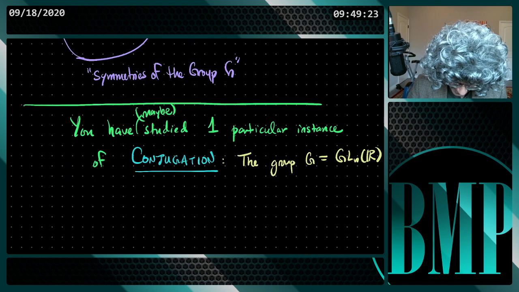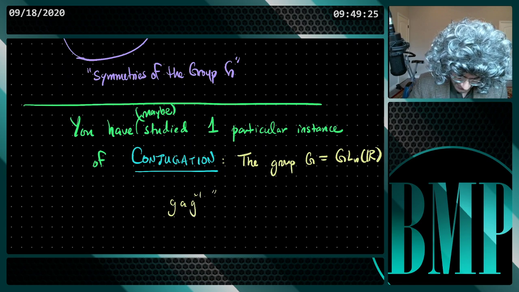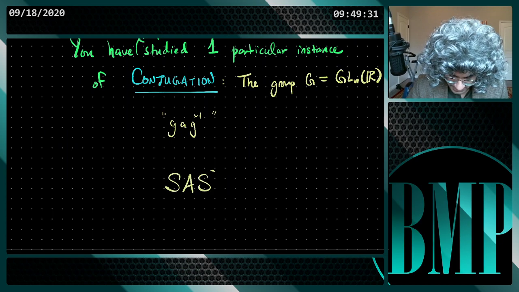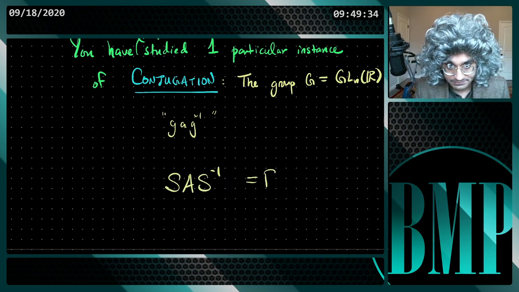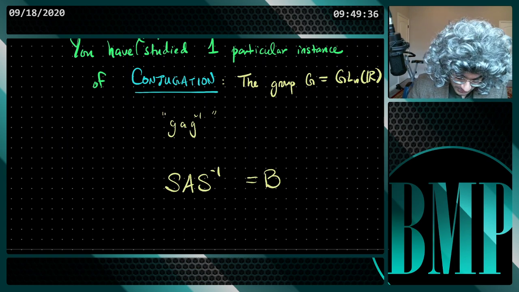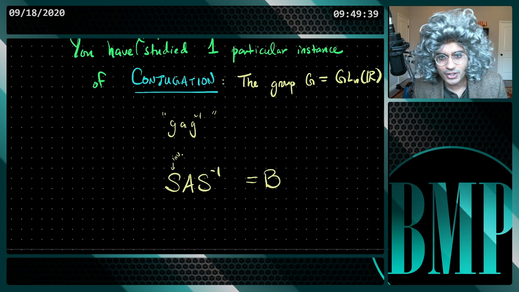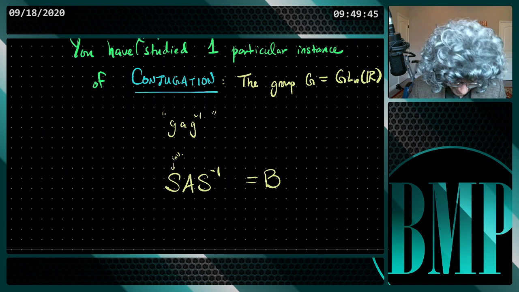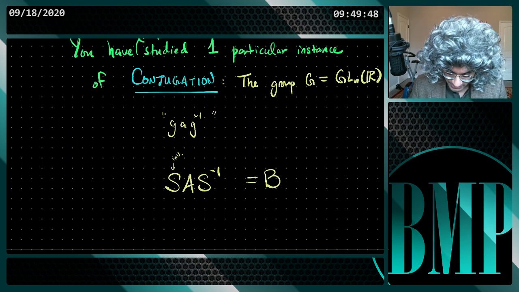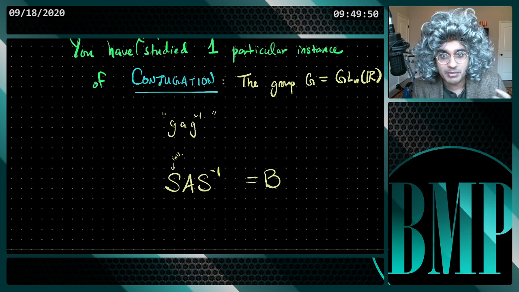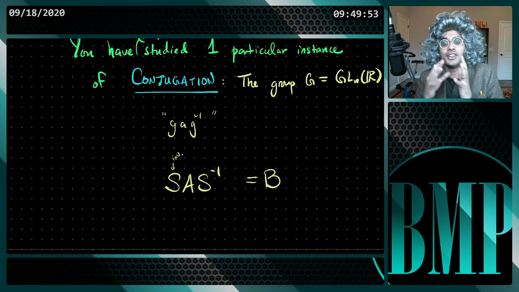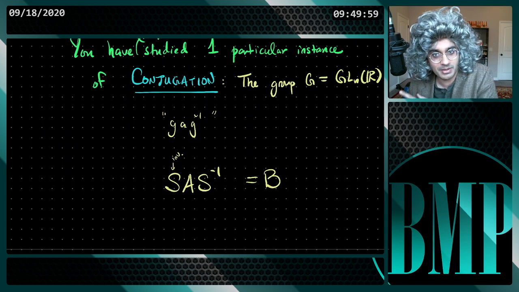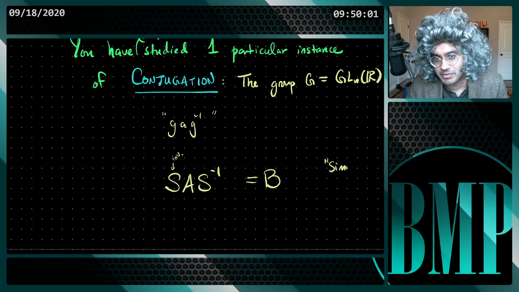And instead of g h g inverse, you probably saw the letters SAS inverse equals B, something like this. Where S was an invertible matrix, there's something called a change of basis matrix or something specific for that context. And then these two matrices were similar if there was an S that made A become B. All right, this is something called similarity of matrices.